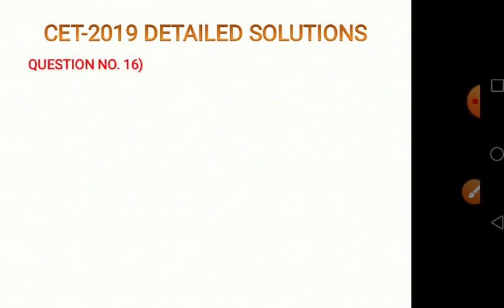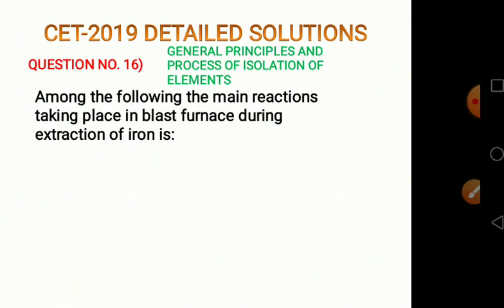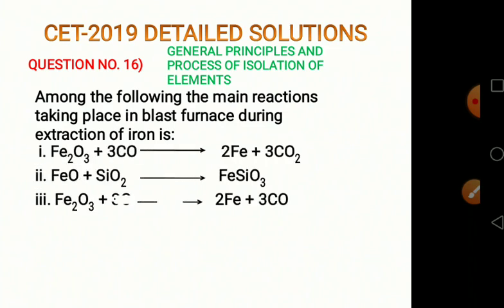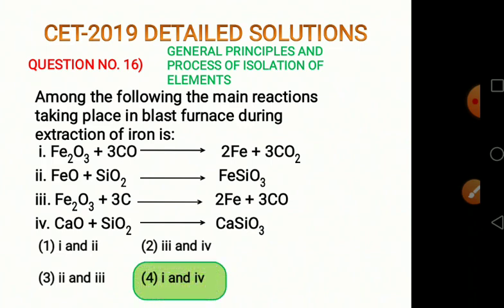Then question number 16. Here, among the following main reactions taking place in the blast furnace, 4 reactions are given like this. Then the options are 1 and 2, 3 and 4, 2 and 3, 1 and 4. In this case, the answer is 1 and 4 because carbon monoxide is a reducing agent in case of the blast furnace.